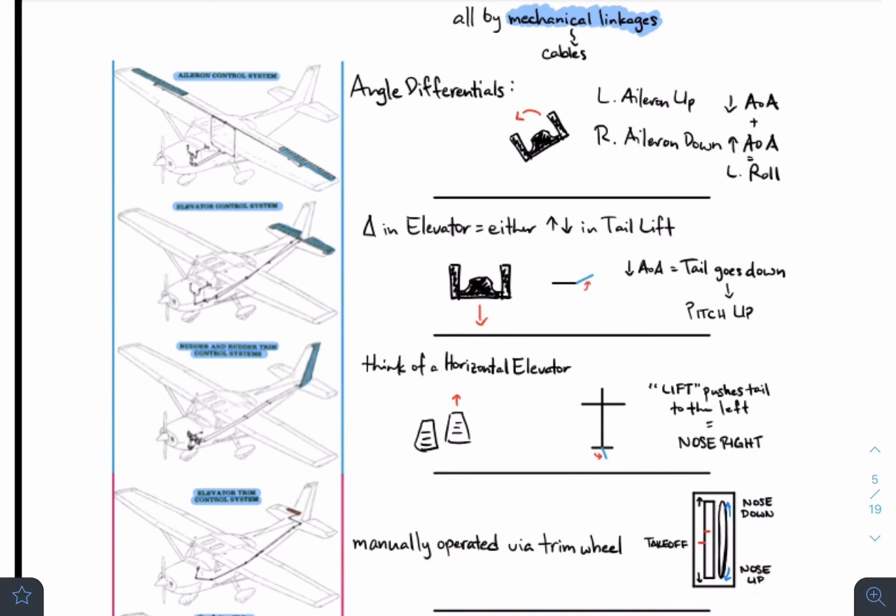So you're just generating a change in the left to right lift. That's the simplest way to kind of explain it. So that's why we have the lift here in parentheses. So what that does is that when I press on the right rudder pedal, that pushes the tail over to the left and allows your nose to move over to the right.